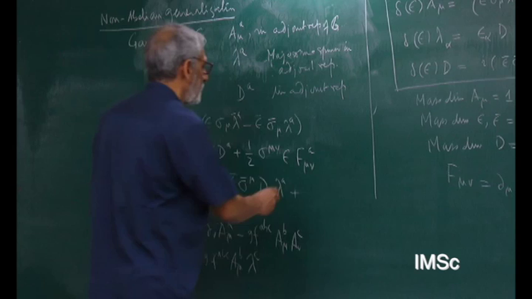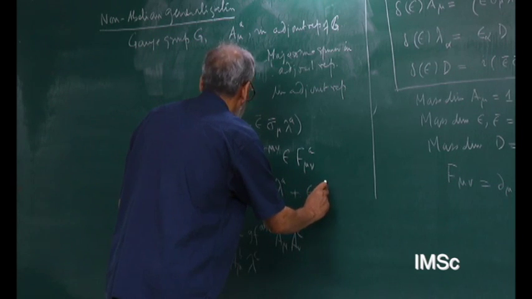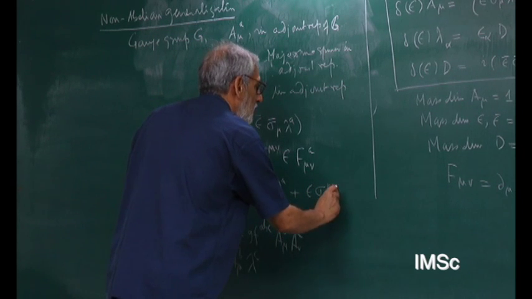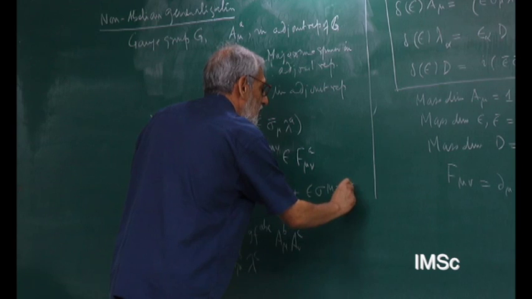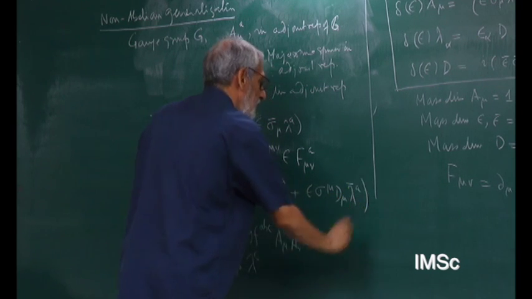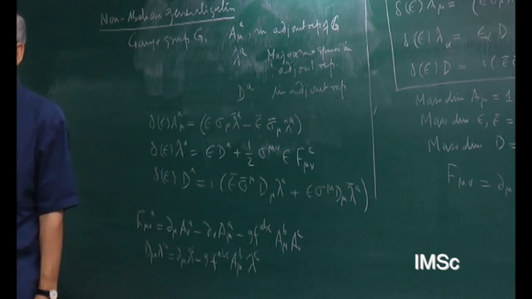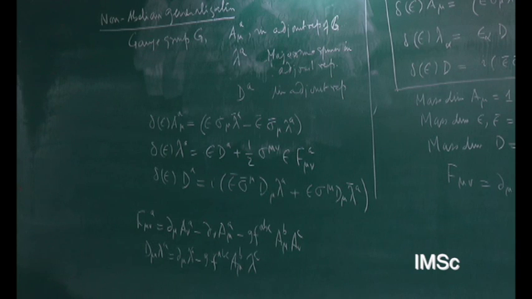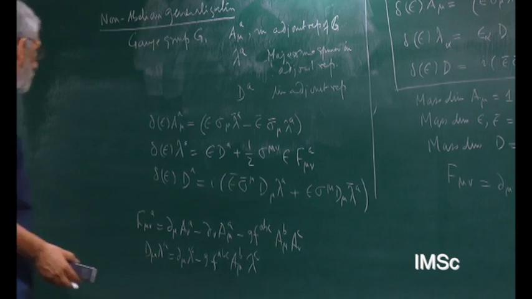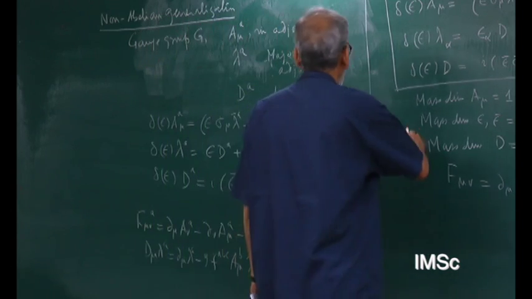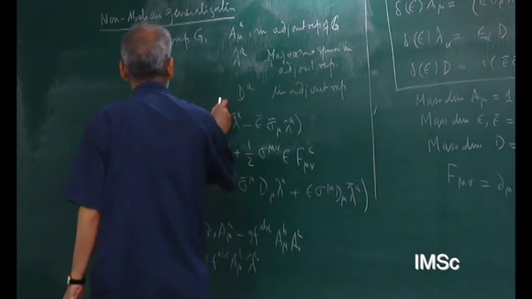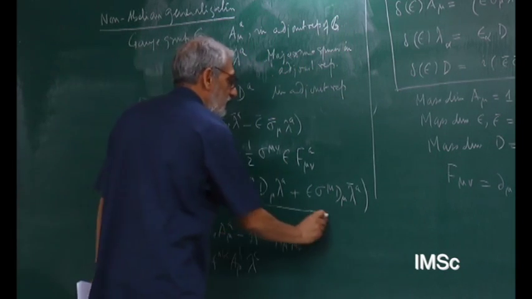Plus epsilon sigma mu B mu lambda bar. So that's our non-abelian supermultiplet.